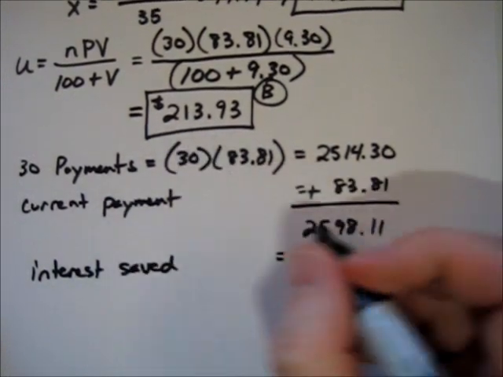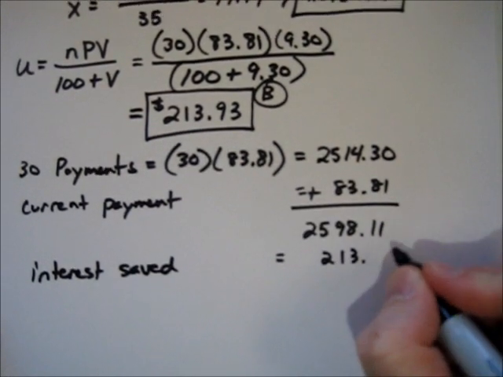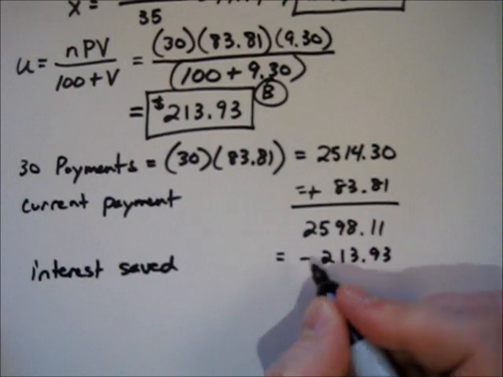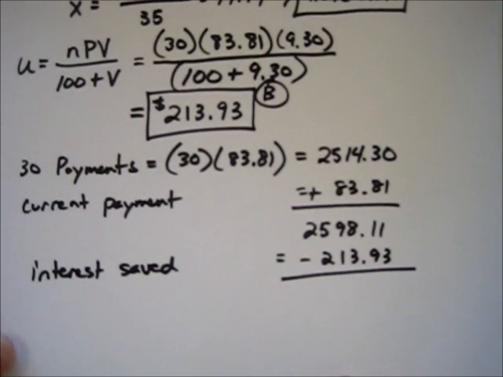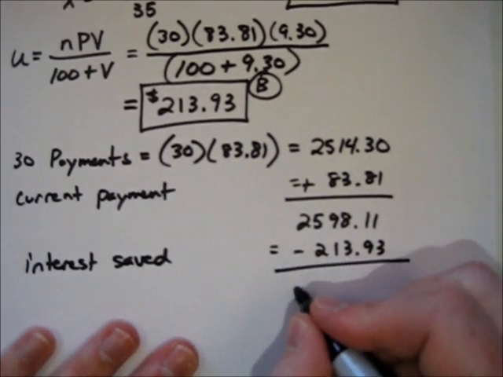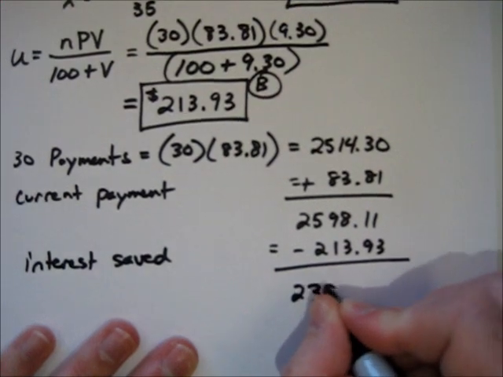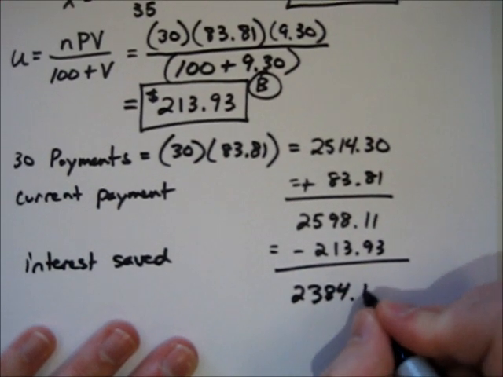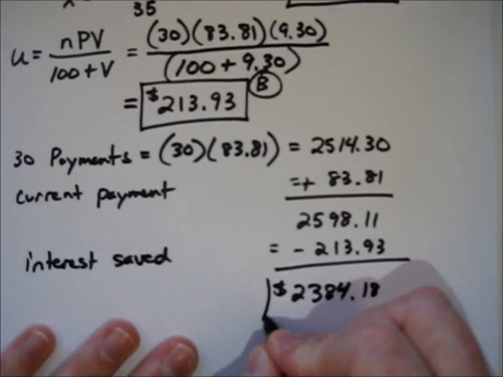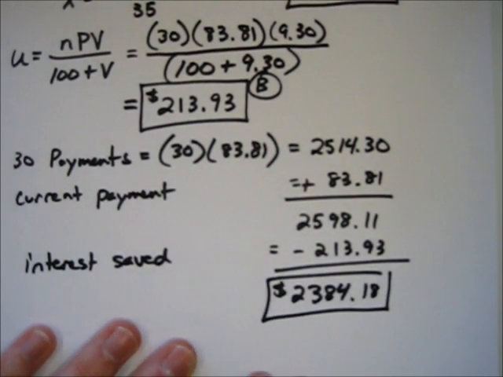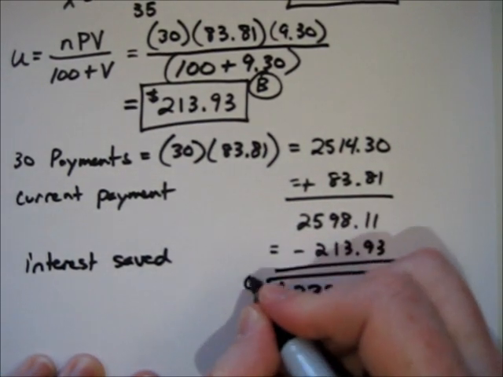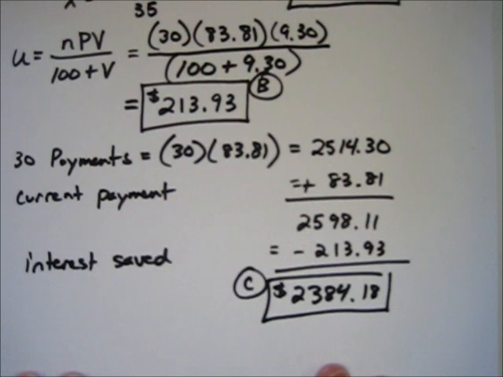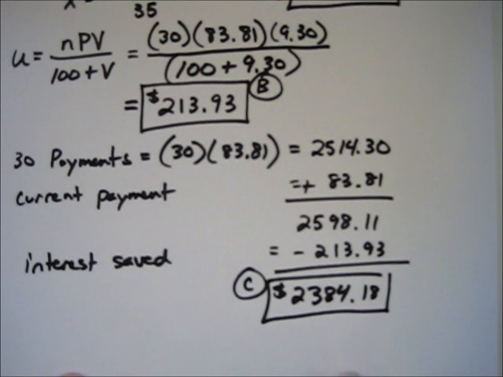My interest saved is the $213.93, so I get to subtract that value out, and I come to a grand total of $2,384.18. So that is the value that the bank would require to pay off the loan, $2,384.18.